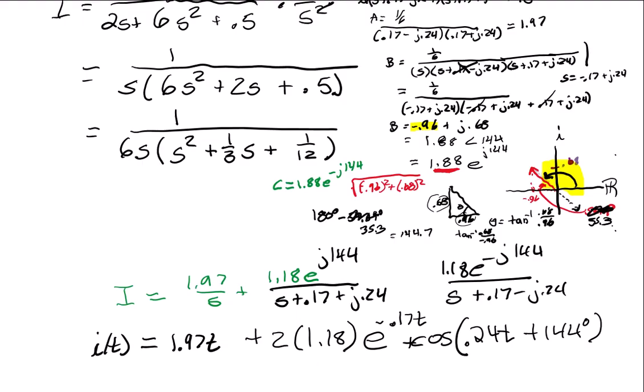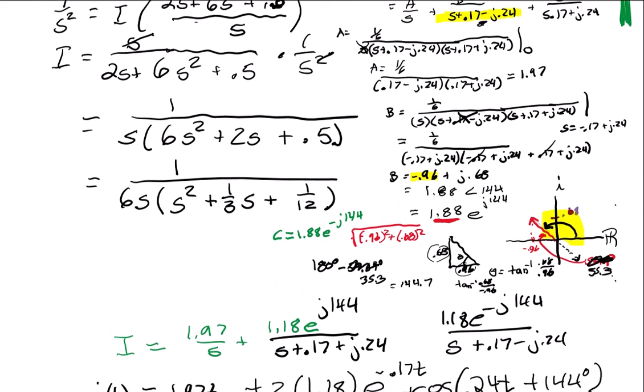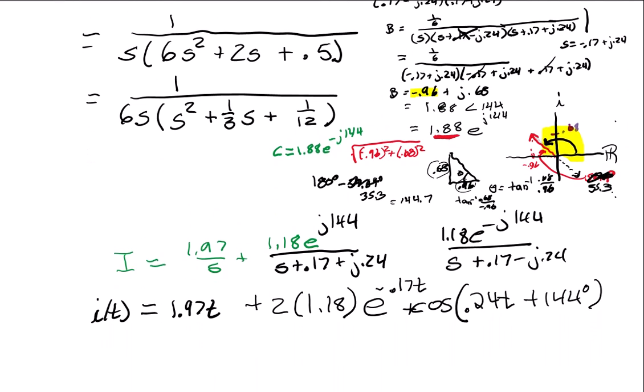I see I made a little mistake here. Notice that up here I had b over the one that had the negative j0.24, and that explains why I was confused about something for a minute. This one is really minus, and this one is really plus.